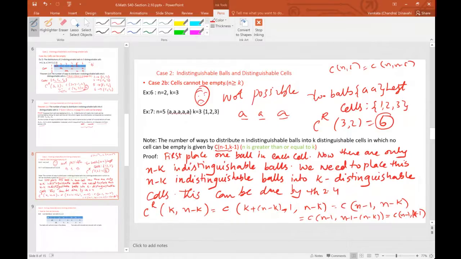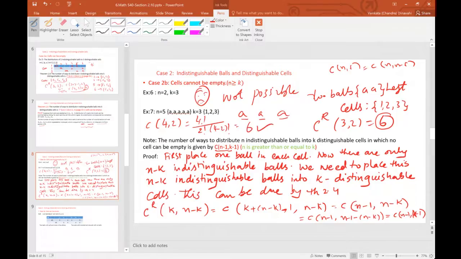So in this particular example, if you want to use the formula, n is going to be 5 and k is going to be 3. The number of ways I can do this is C(n minus 1, k minus 1), which is C(4, 2). So 4 factorial over 2 factorial times (4 minus 2) factorial.